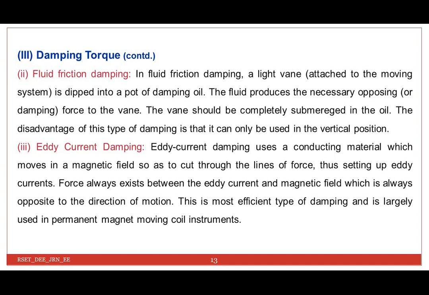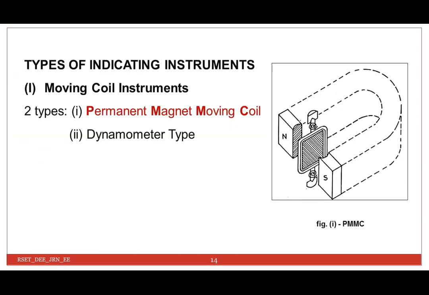This is the most efficient type of damping and is largely used in PMMC instrument. Now, you need to study the types of indicating instruments. You already know what an indicating instrument is. The first classification of indicating instrument is moving coil instrument.